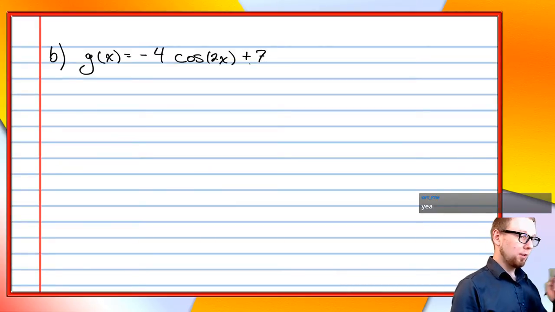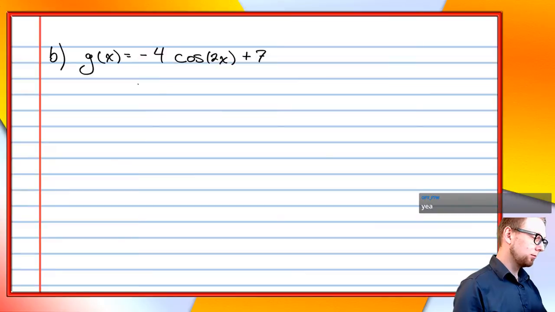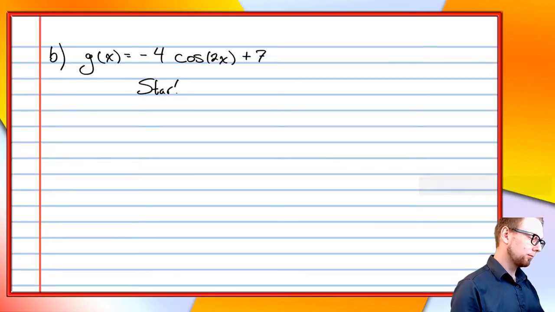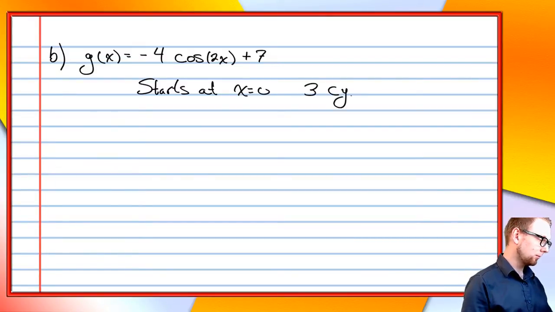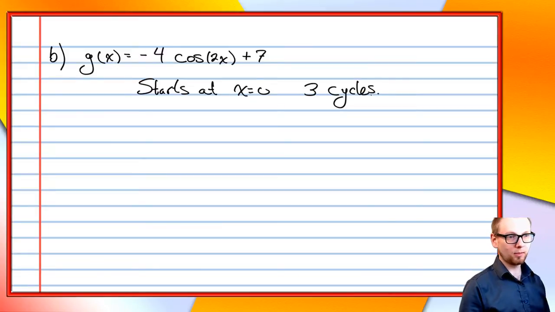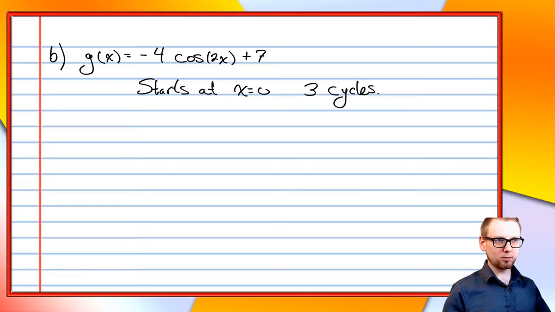It starts at 0 when x is equal to 0, finishes after 3 cycles. Determine the period, amplitude, equation of axis, domain and range.